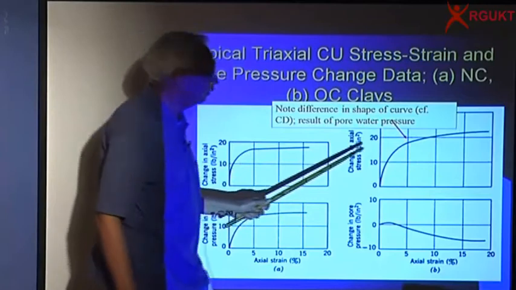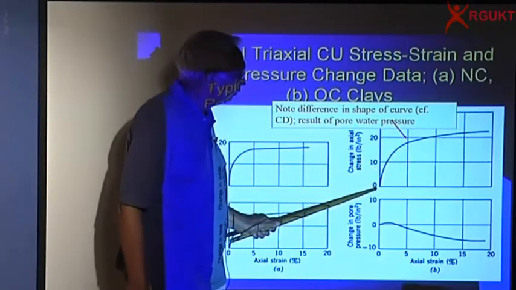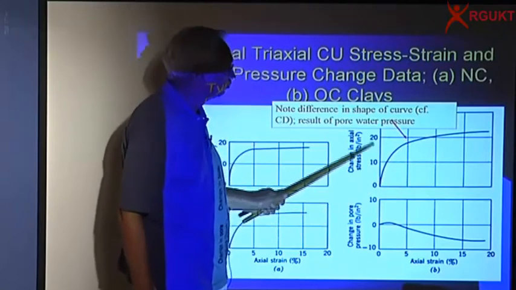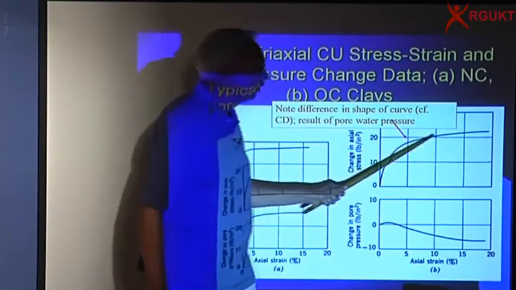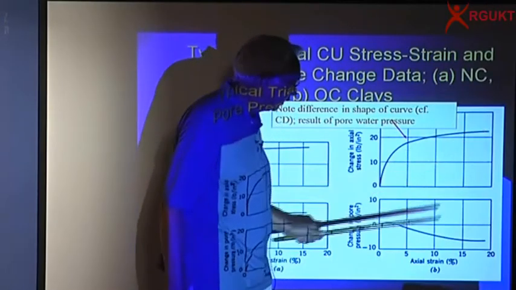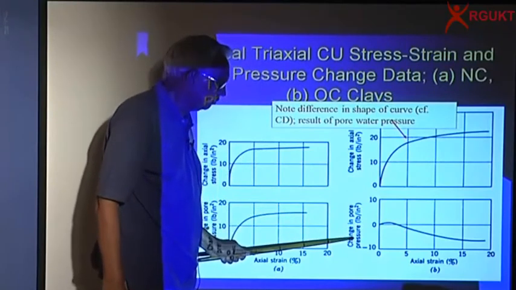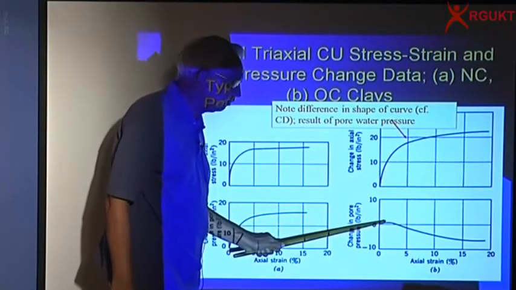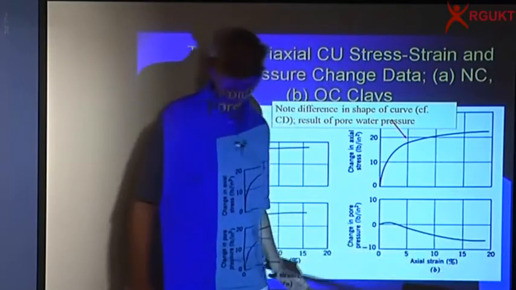If I look at an overconsolidated soil now, and plot the strain versus the deviatoric stress, it's increasing. It may not even reach a final peak value, because when I look at the pore pressure, initially it may be a slightly positive value, but the pore pressure becomes negative.